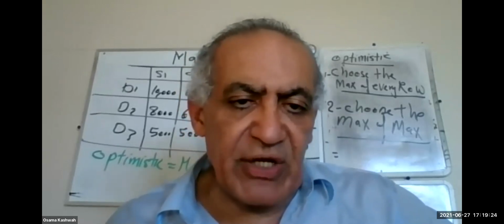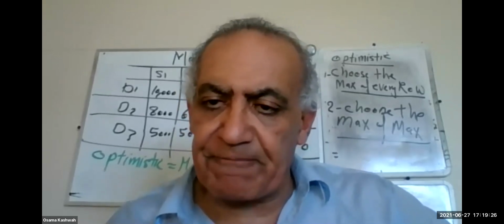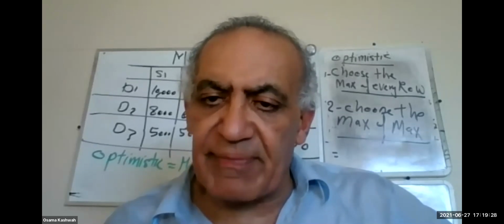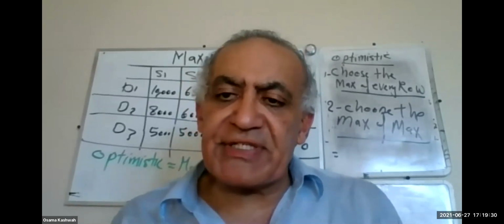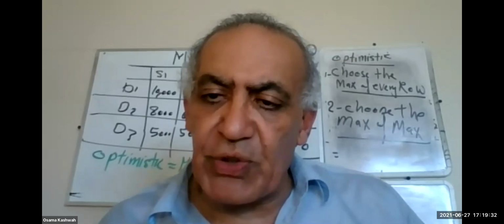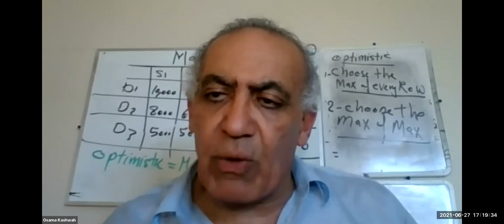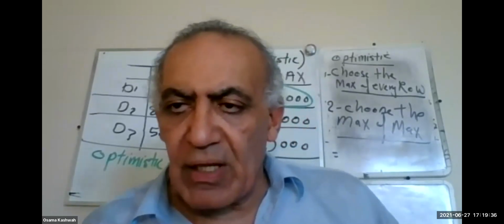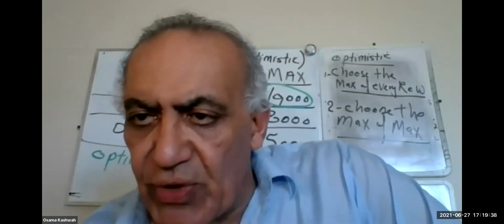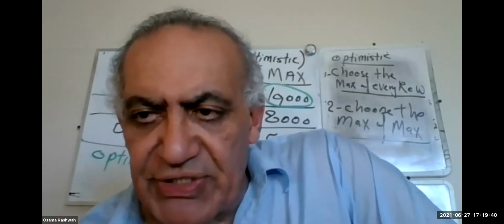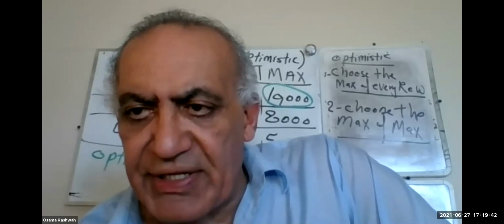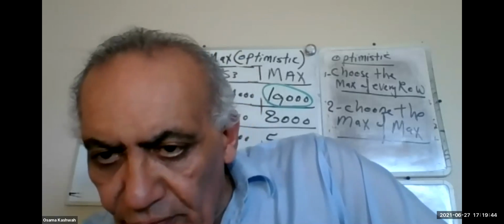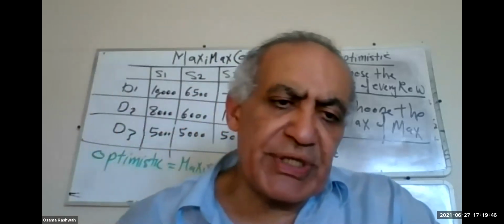What is the meaning of it? It's pessimistic, max of the min. In the pessimistic, you suppose that the worst situation is going to happen, and based on this you act. So what will you do here?